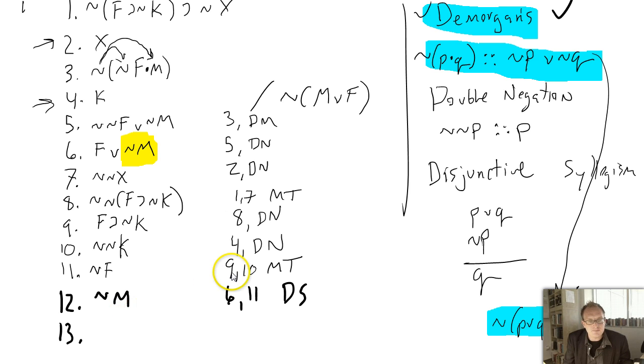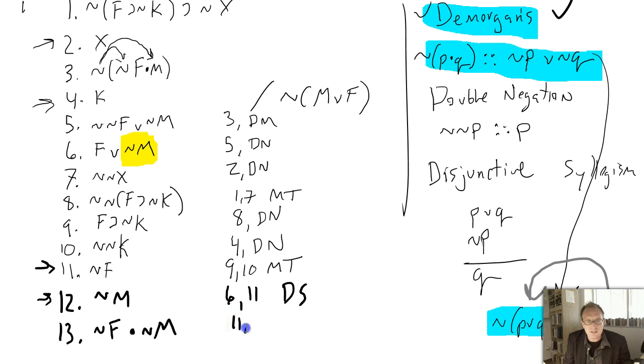So let's go back to this line. Right here is a not (M or F), which is basically this right here, which means if I can combine these two, I can convert it into this. Look, I have a not F and a not M, so I'm going to use not F and not M, and the rule I'm going to use here is the rule of conjunction.